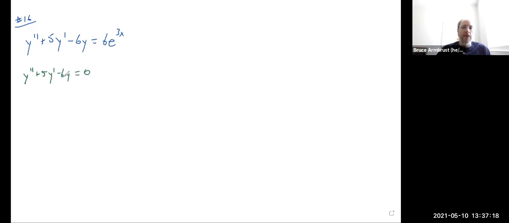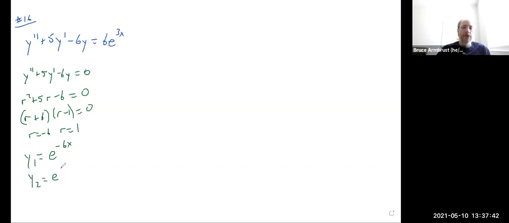All right, so constant coefficients. So we get to make our polynomial. And this one factors to r plus 6, r minus 1. Okay, so that gives me y1 is e to the minus 6x, and y2 is e to the plus x.